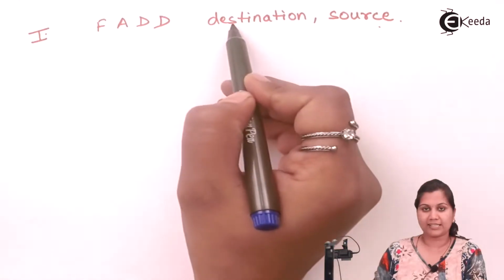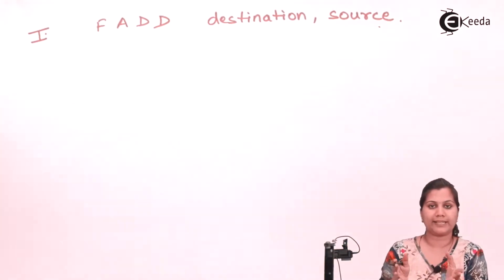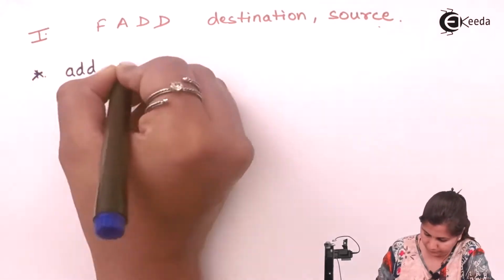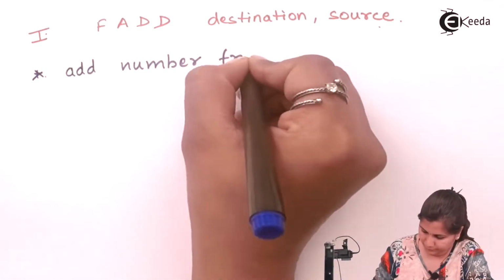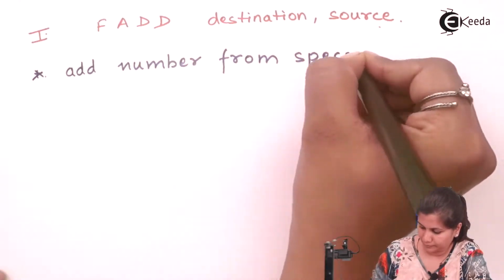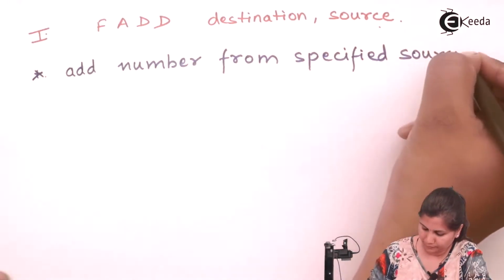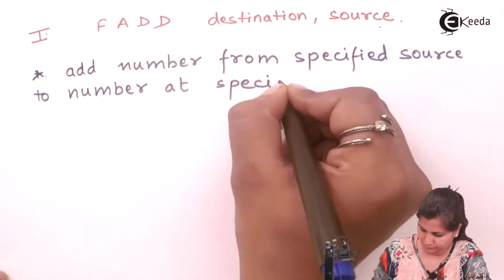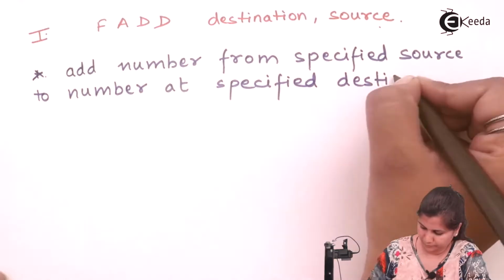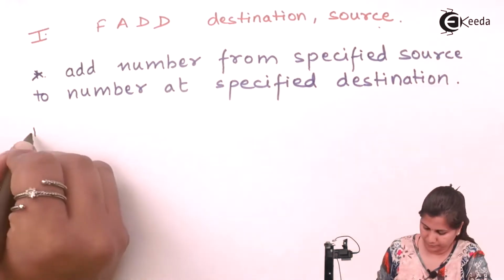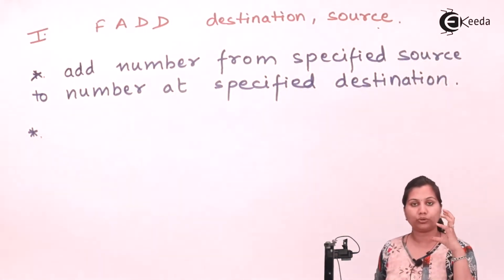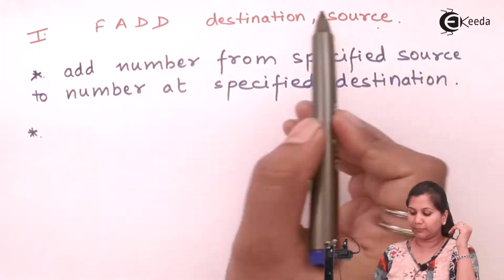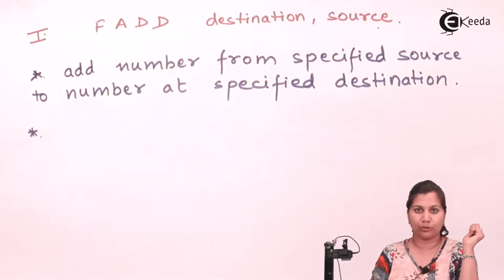So source and destination, those real numbers, will be added. The number which is stored at the source location will be added to the number which is stored at the destination location.